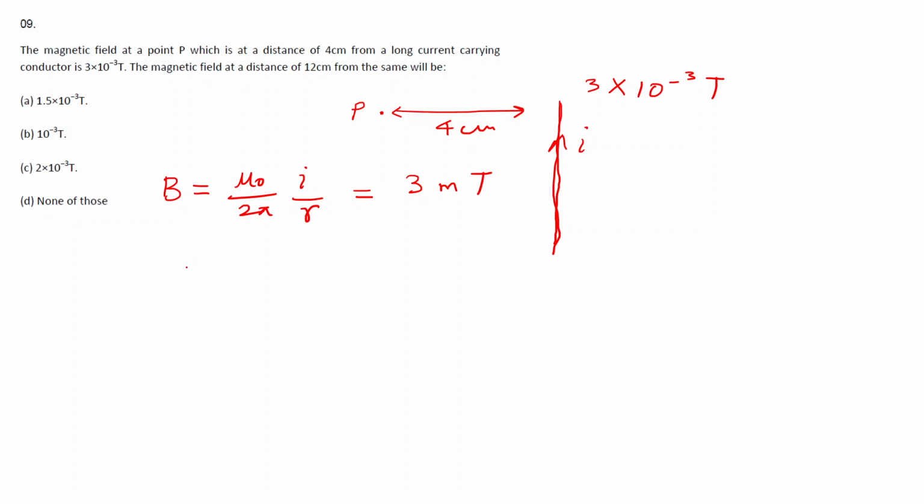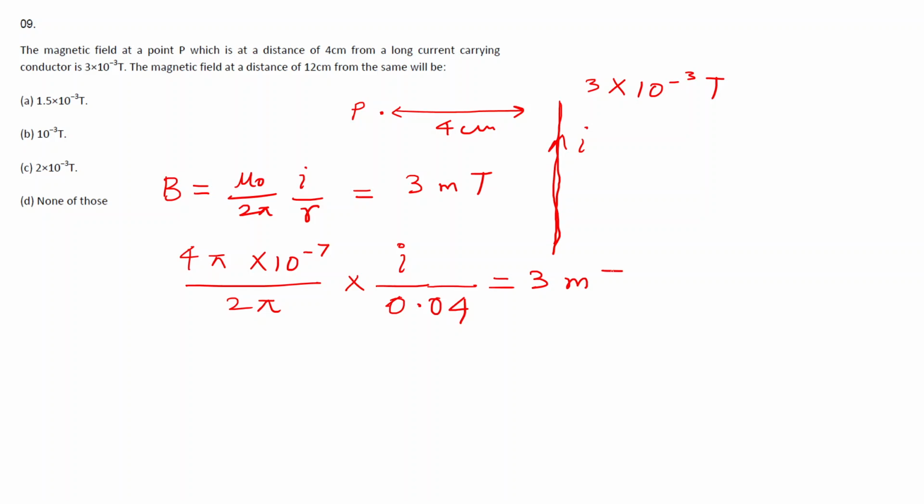The value of mu naught is 4 pi times 10 to the power minus 7 divided by 2 pi, times the current we need to find, and the distance between the point and this current carrying conductor is 4 centimeter. I'll change it to SI unit, so 4 centimeter is 0.04 meters, and we'll equate it to 3 millitesla.